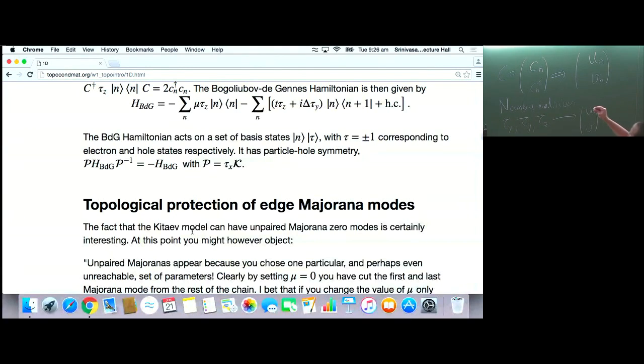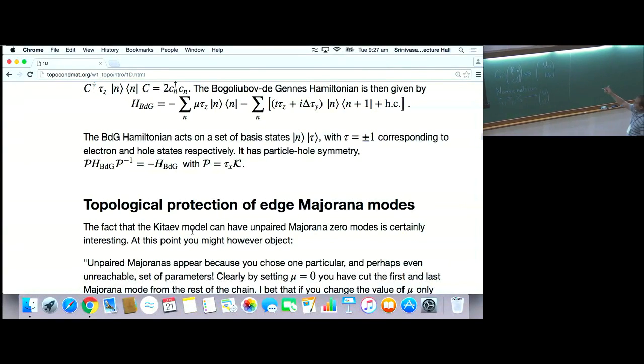So this was really a set of Cn's. Actually, let me look at the spinor on each site instead. Before we had the whole C, and now I'm just looking at the C on each site.